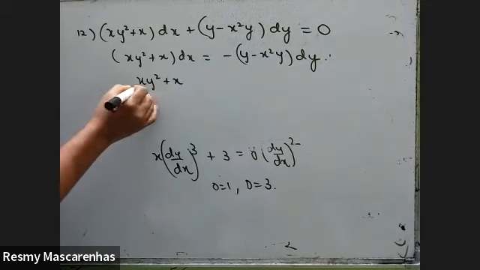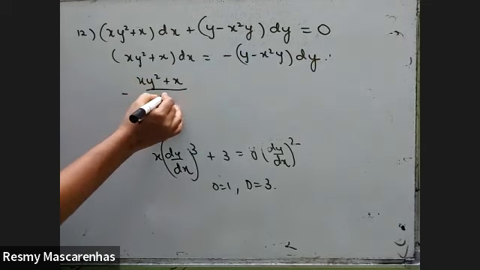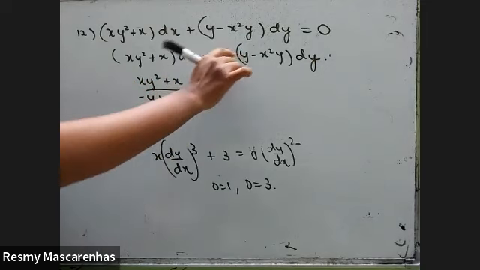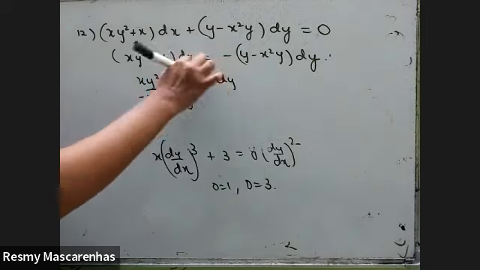This I'll bring down. Minus, I multiply dy dx. I'll take this side.